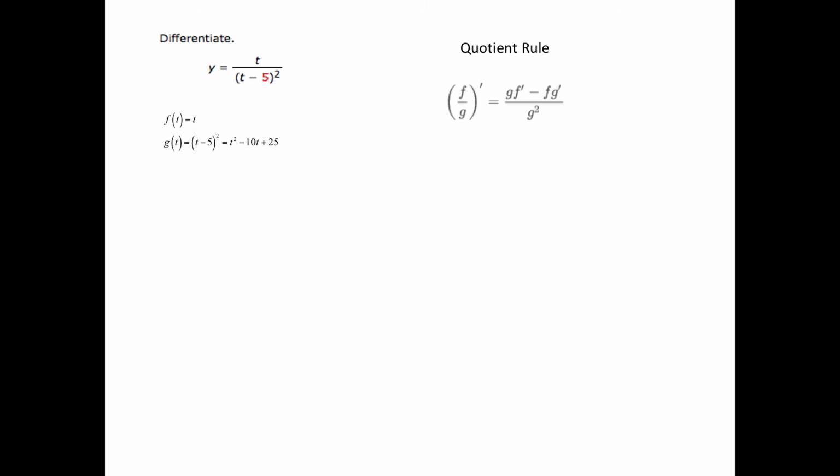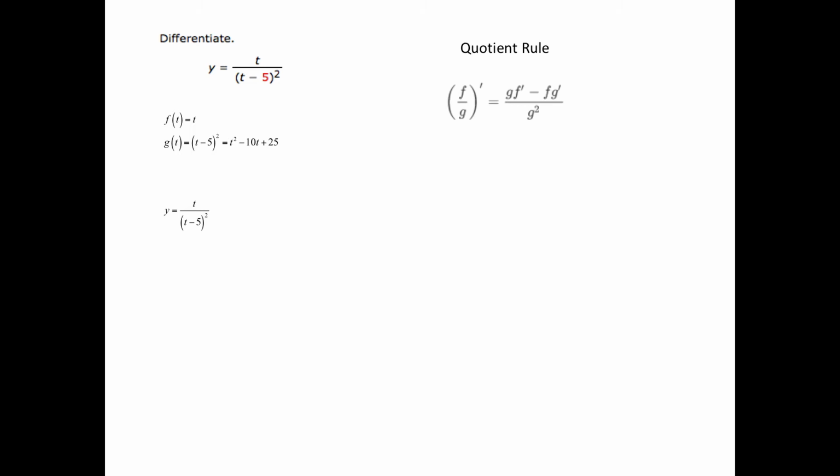So g times f prime minus f times g prime divided by g squared. This is often described as the bottom times the derivative of the top minus the top times the derivative of the bottom divided by the square of the bottom.